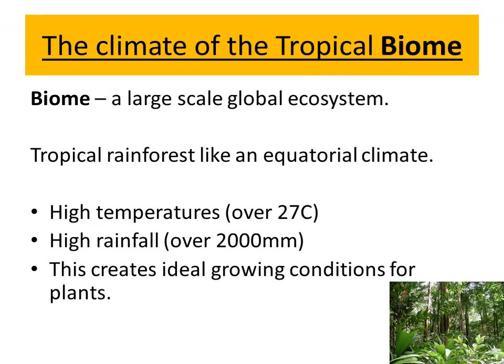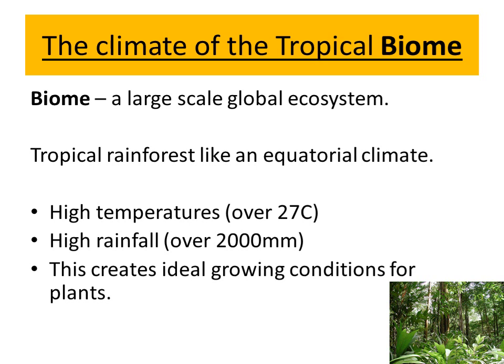So now we're going to move on to look at the climate of a tropical biome. There's a new word that I've put in there, Year 7, a biome. This means a large-scale ecosystem because, as you know, ecosystems can be of all shapes and sizes. The tropical rainforest has an equatorial climate. That means that most of them are found on the equator.